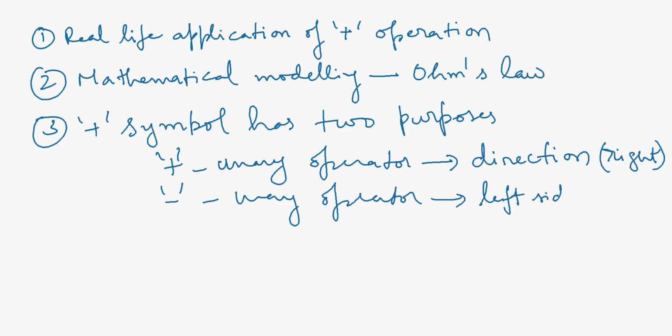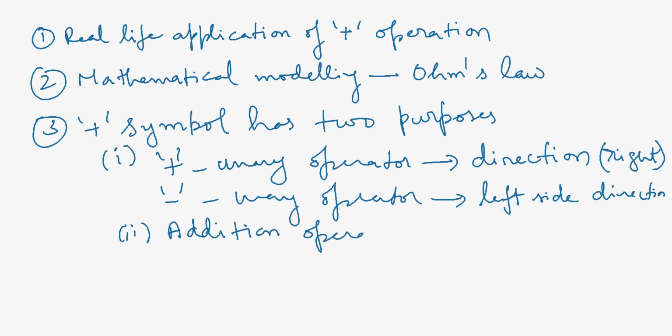And the second one is the number addition, the 1 and the 2, which is the addition operation, actually a binary operator. The plus symbol is also used for that.